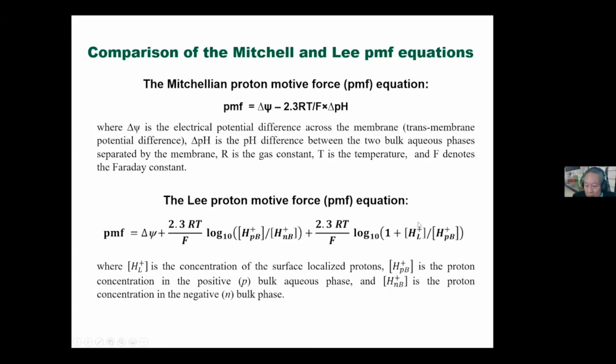So the local proton concentration on that layer, protonic capacitor, and over the bulk phase in the liquid, the same thing as that one here. And it's this ratio that contributes to what we later called the localized proton motive force.